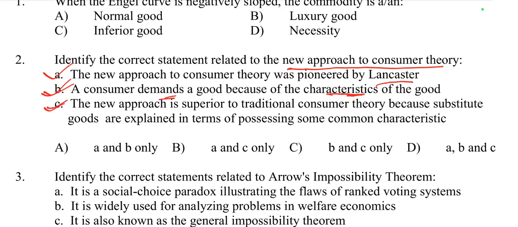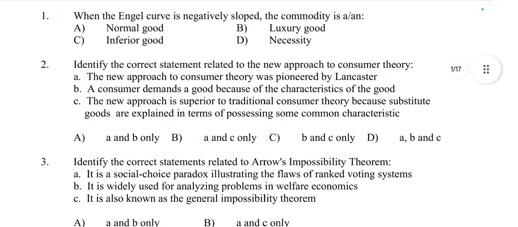So according to the new approach to consumer theory, given by Lancaster, goods are demanded according to their characteristics, and the new approach is superior to the traditional consumer theory. So A, B, C all are correct here, and all are in option D. So option D is right.